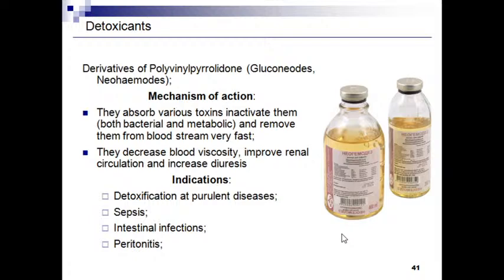Third group is detoxicants. These are drugs for treatment of various intoxications. According to chemical nature, they are derivatives of polyvinylpyrrolidone. Pharmacological examples, gluconeodes and neohemodes.